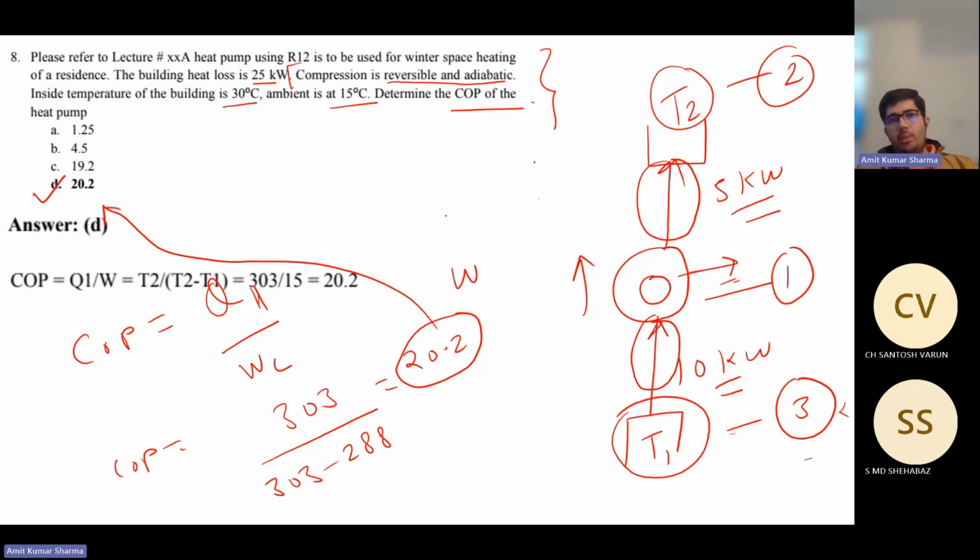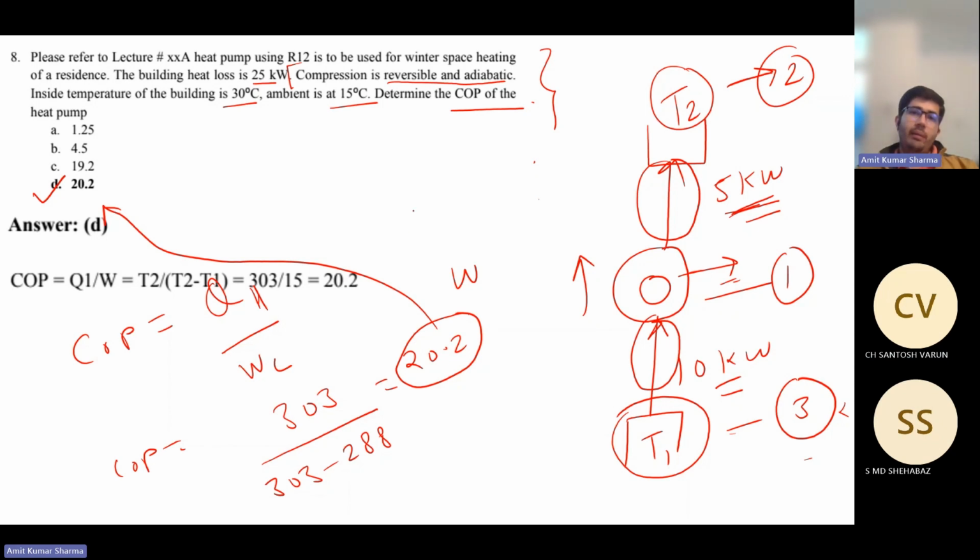If this process is not reversible, then this 5 kilowatt will reduce, because this T2 is already fixed. Am I correct?